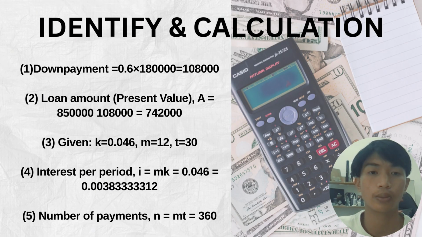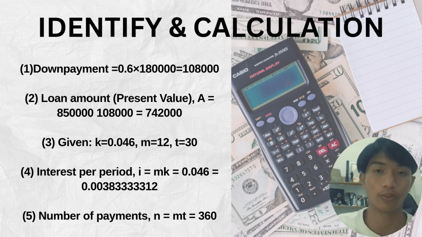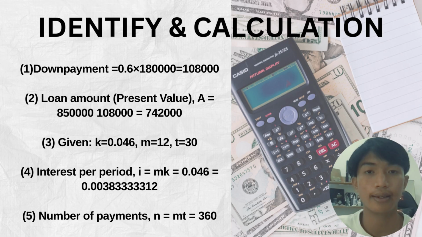Firstly, the down payment equals 0.6 times 180,000 equals 108,000. Number 2 is the loan amount, present value. A equals 850,000 minus 108,000 equals 742,000. Number 3, given K equals 0.046, M equals 12, T equals 30.